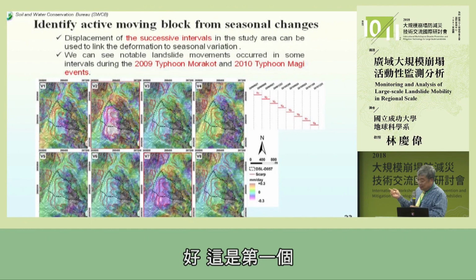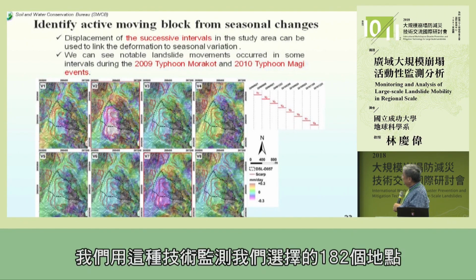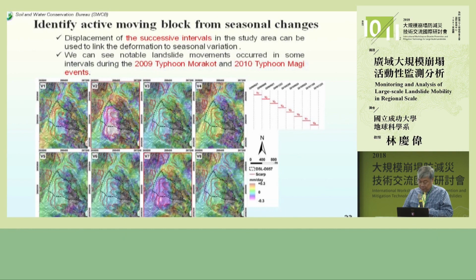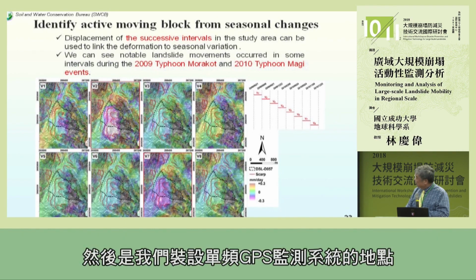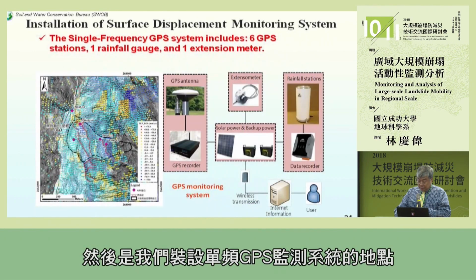Okay, that's the first one. We're using this kind of technique to monitor the 182 sites we selected. After that, for each site, we install a single frequency GPS monitoring system.